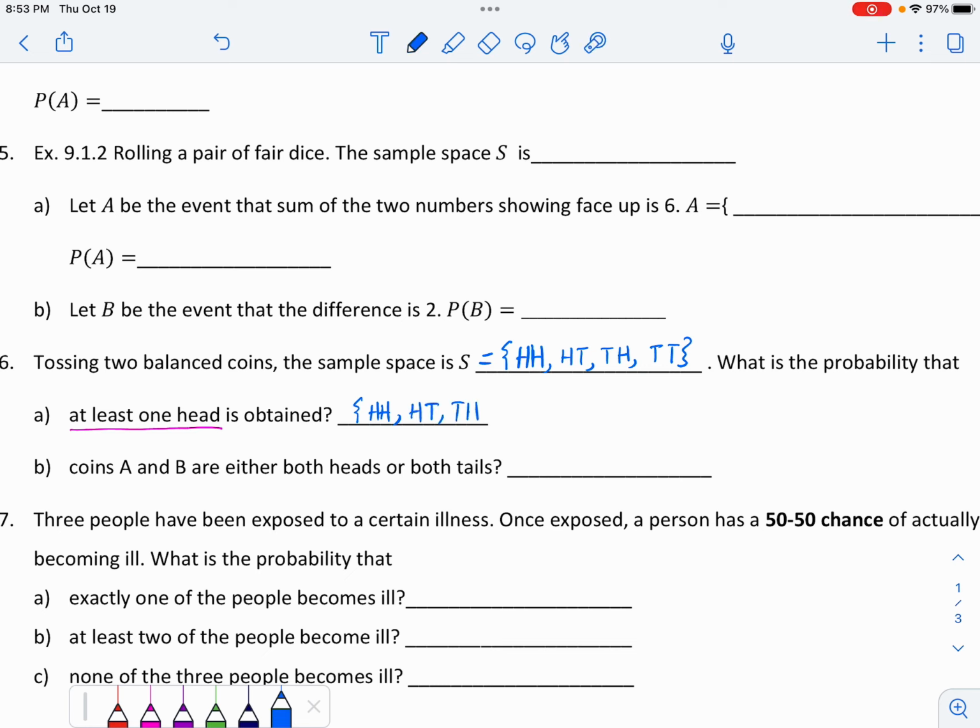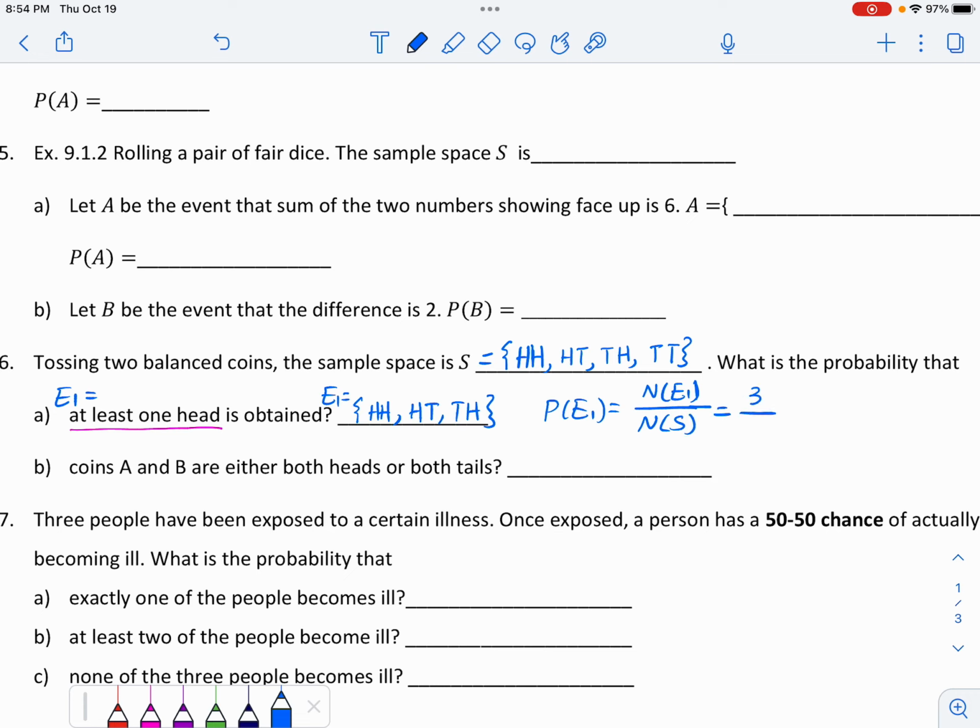So I'm going to list them all. And this one has 0 heads, so it should not be included in this event. Therefore this event has 3 outcomes. If I call this event 1, the probability of event 1 will be the number of outcomes in this event divided by the number of outcomes in the total sample space.